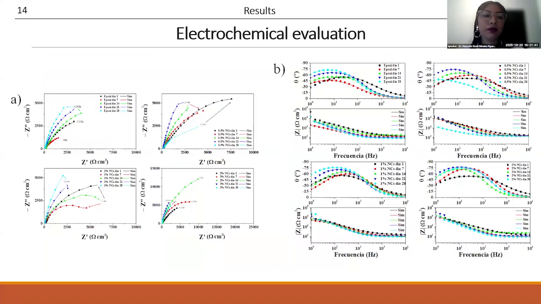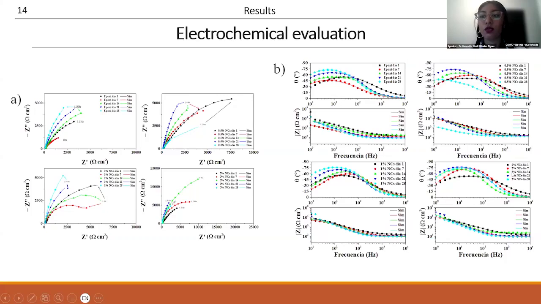Now, the EIS analysis showed that a single time constant governed the system, regardless of the presence of the microcontainers. What is interesting here is that when we added the microcontainers, we can see in the phase angle that the behavior is more stable when the concentration is higher.